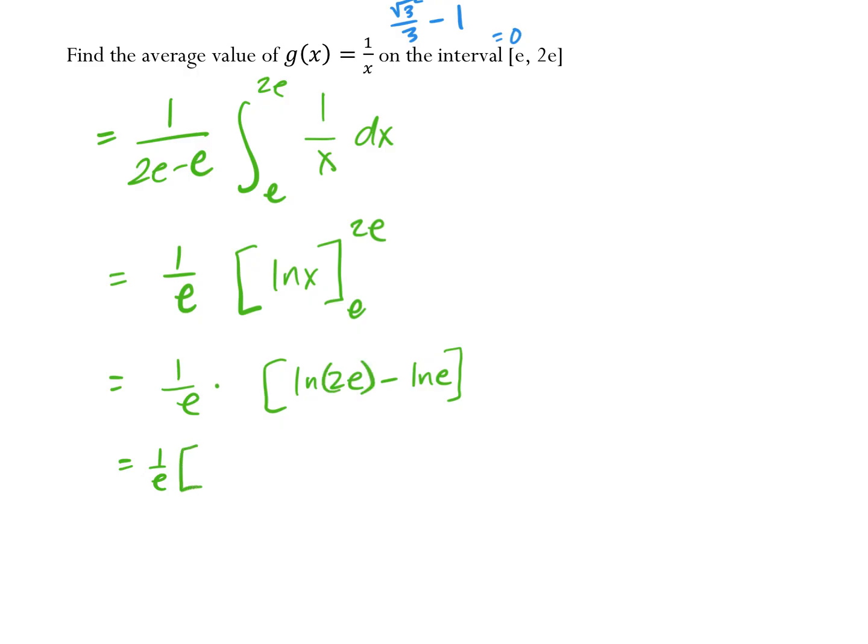Are we comfortable with me saying ln of 2e, if we split that up, is ln 2 plus ln e? Because that multiplication can be split up into an addition problem. And where I find that useful is those cancel out, and I get ln of 2 over e is my final average value of the function.